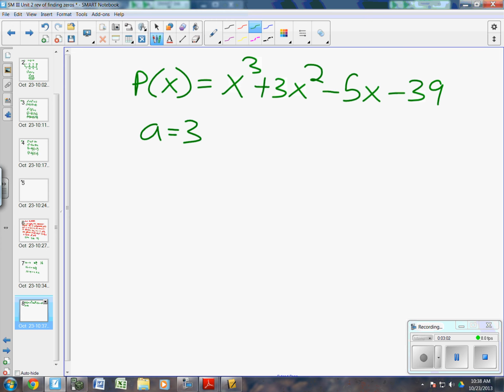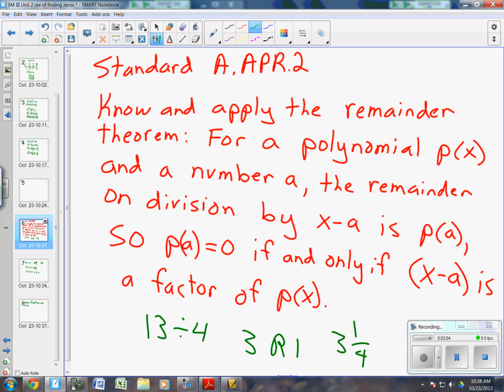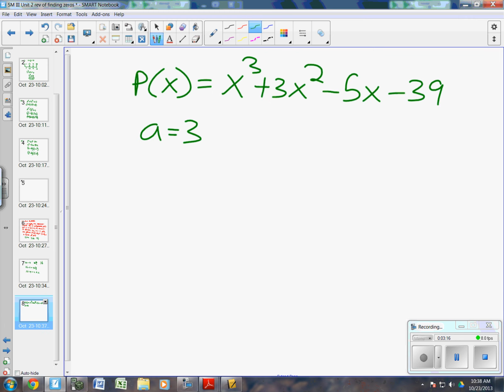Okay, so we'll go back to this thing right here. The remainder on division by x minus a is p of a. So p of a is equal to 0. Okay, and that's what we did. So I'm going to write this again as x minus 3. That's my factor, isn't it?